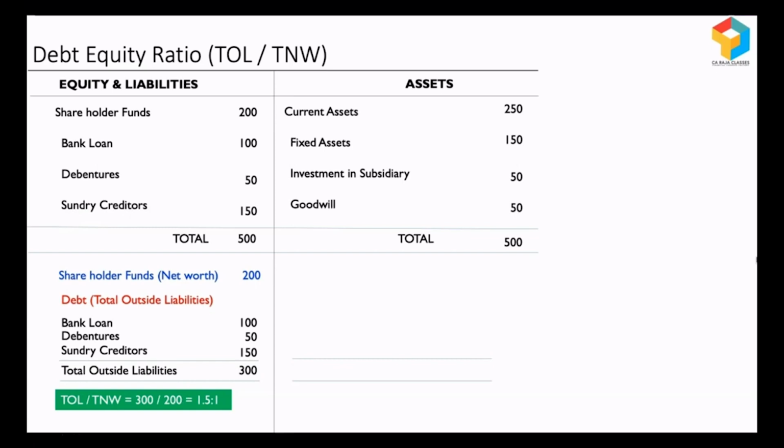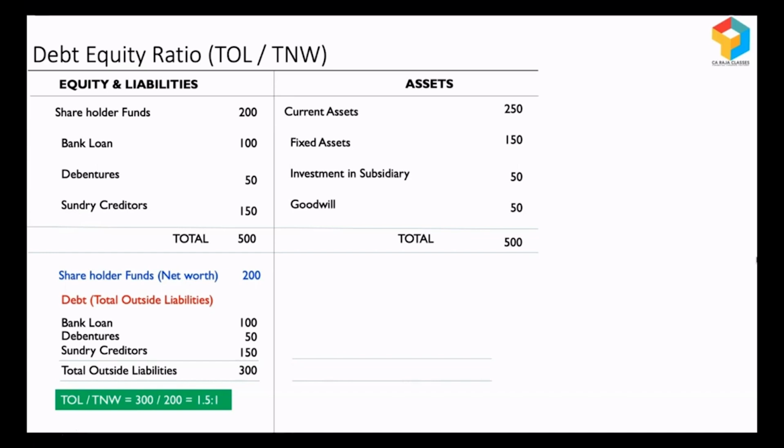It means for every 1 rupee contributed by the owner, this business is borrowing 1.5 rupees. And the maximum debt equity for a business can be like 3:1. Just before I said 4:1 is highly risky for a business because of 80% debt. So 3:1 means 3 out of 4, 75% can be the maximum debt.